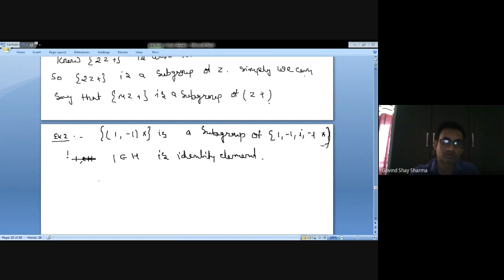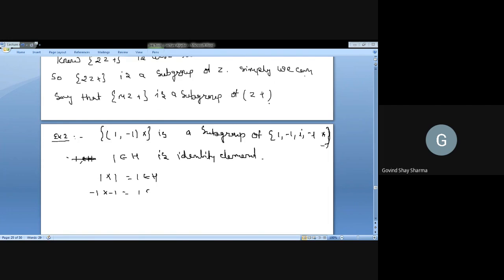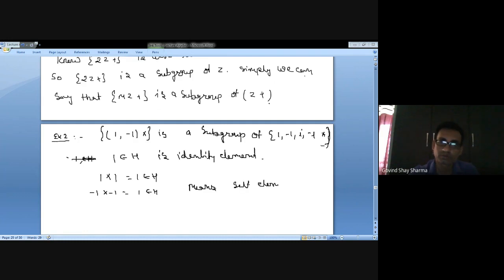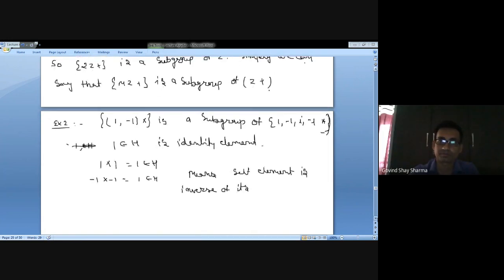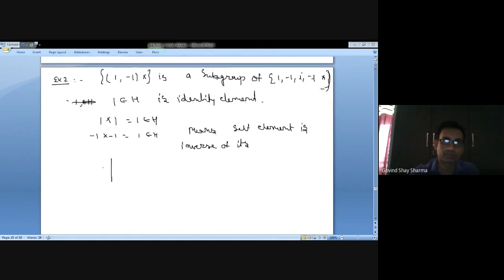And 1 multiplied by 1 is equal to 1, which belongs to H. Minus 1 times minus 1 is equal to 1, which belongs to H. Means each element is its own inverse. We can make a table: 1, 1, 1; 1, -1, -1.